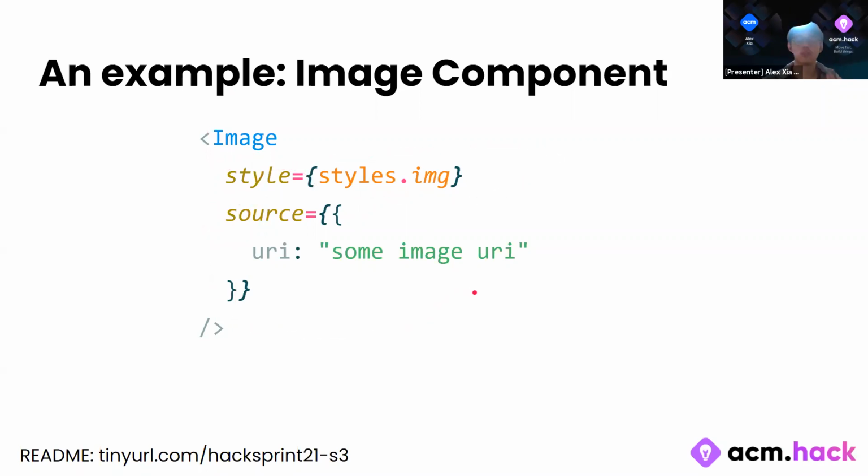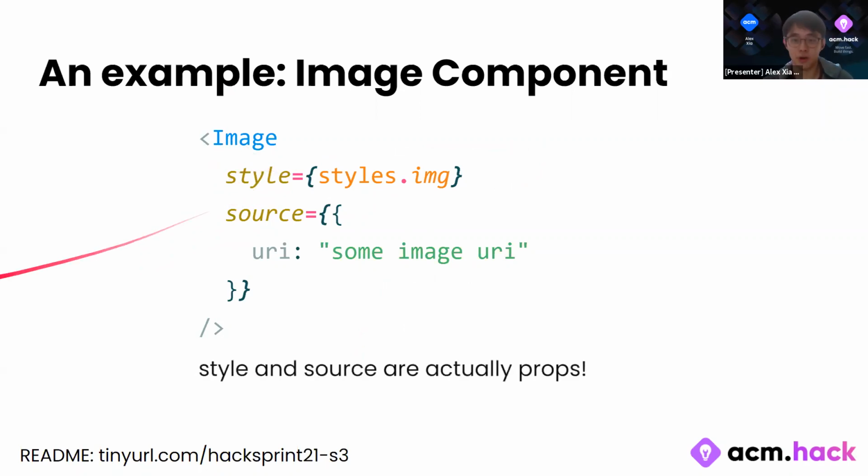It turns out that what we've been doing this whole time is using props, because style is a prop and source is a prop. So we've been using props without actually realizing it. This is how you can pass data from one component to another, or from a parent component to a child component. If you don't understand that, it's fine.